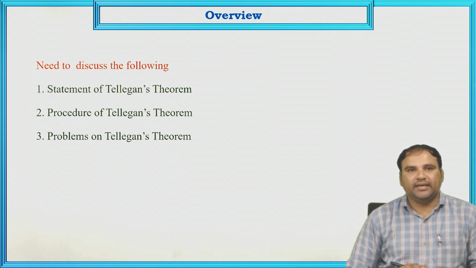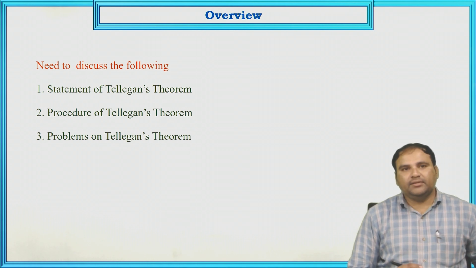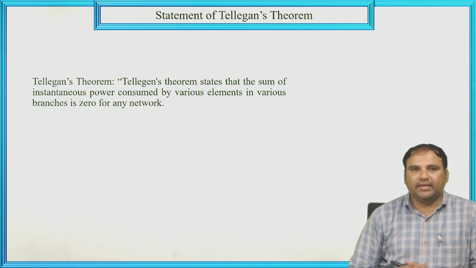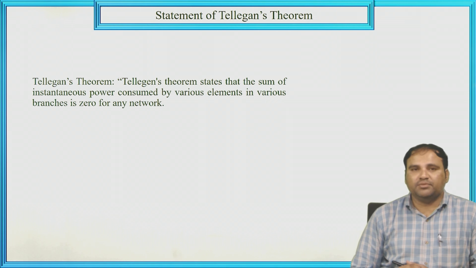In this theorem, we have to find out the power through the source and the power through the elements. The statement of Tellegen's theorem is: it states that the sum of instantaneous power consumed by various elements in various branches is 0 for any network.